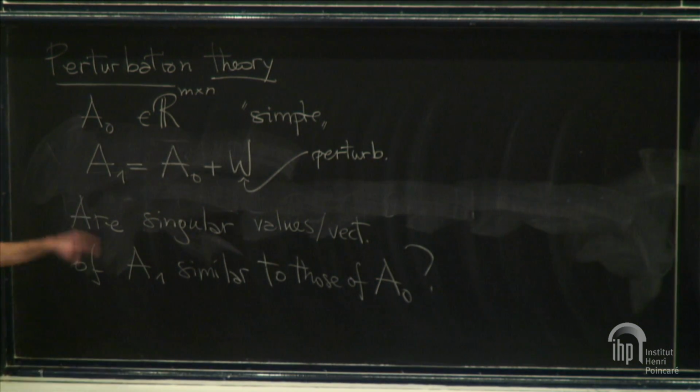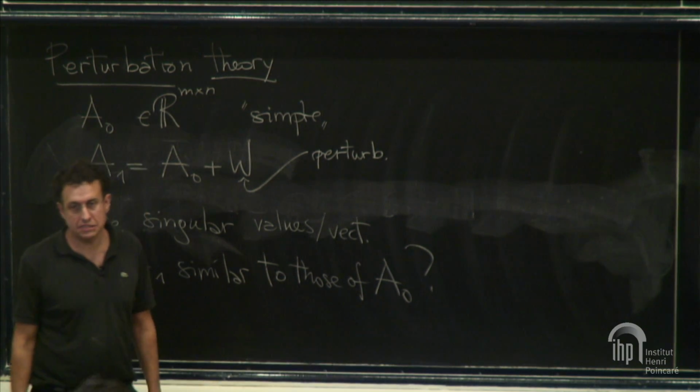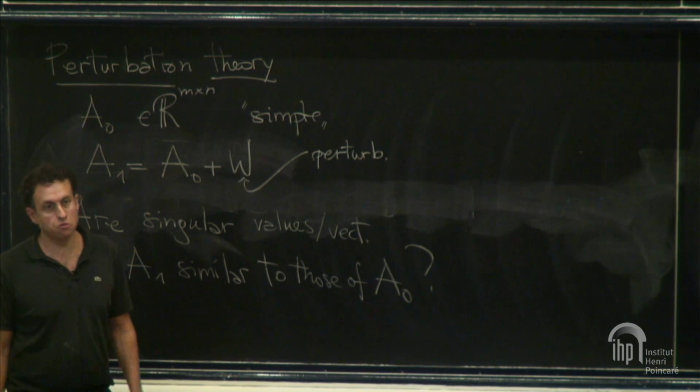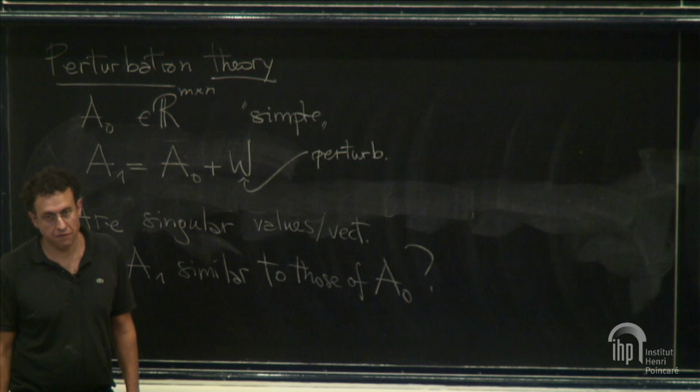So this is, in itself, a whole area of mathematics. Simple means it's the singular values or the singular vectors; that's what I mean by simple. Really, you know something about these singular vectors and singular values.